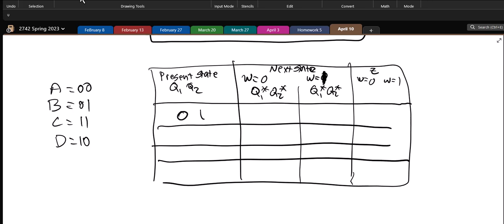And this time, everywhere where we had an A, we put a 0, 0. Everywhere we had a B, we put a 0, 1. But where we had a D, we'll put 1, 0. And where we had a C, we'll put 1, 1.